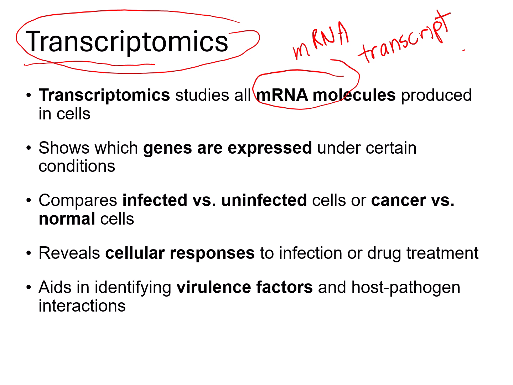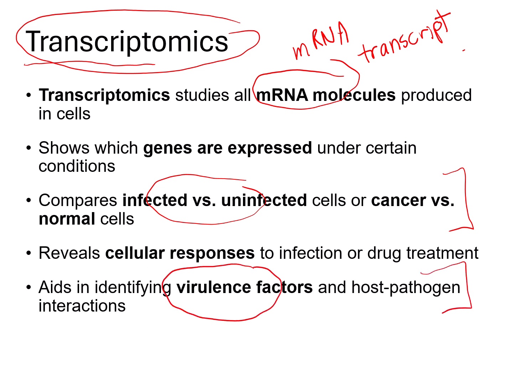And this is helpful because it reveals which genes are active under certain conditions, such as infection compared to unaffected cells, or cancer versus normal cells, or even drug treatment, what happens in a normal state versus after getting the drug treatment. It can also aid in identifying what or when a bacterium or other microbe produces virulence factors inside the host.